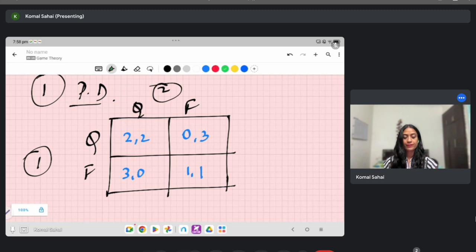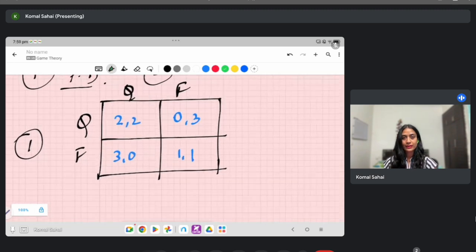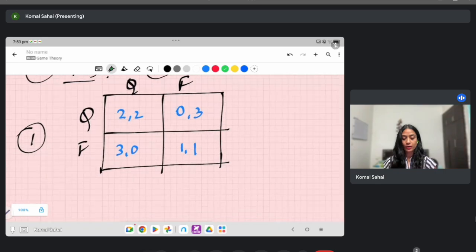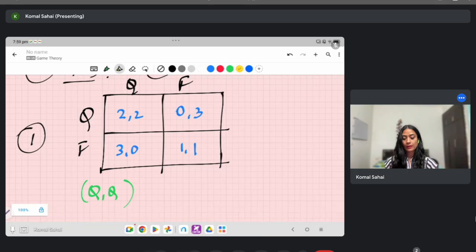Okay. So the first action profile that we will evaluate is Q, Q. See, it's an action profile because it specifies an action Q for player 1 and an action Q for player 2. For every player, it's specifying an action. Now, think in terms of unilateral deviation.